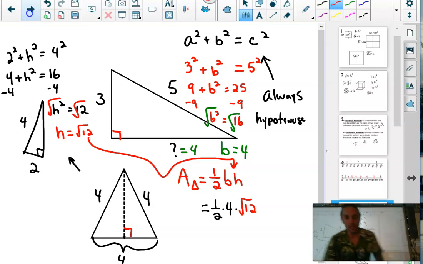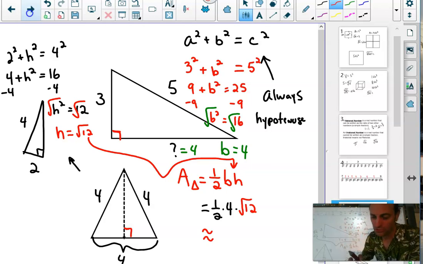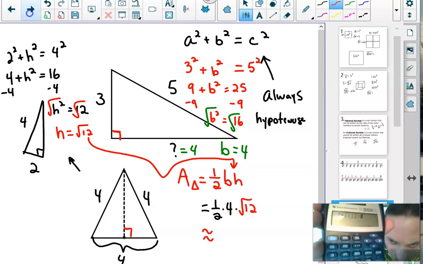Now, in this case, I need to use a calculator to figure this out. Half of 4 is 2, and then 2 times the square root of 12. I'm just going to do it on my calculator. 2 times the square root of 12. I'll try to hold that up so you can see it.